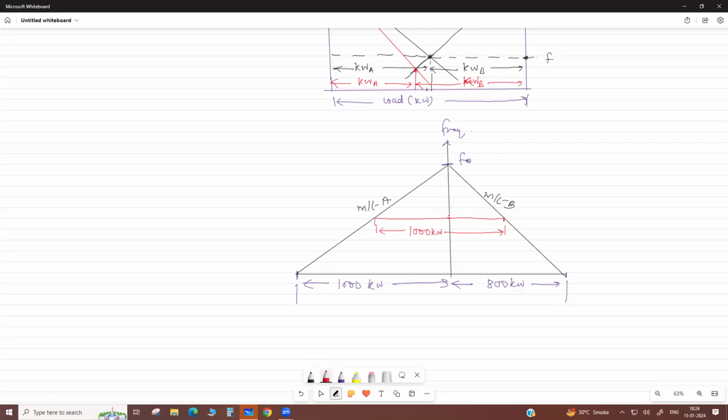And let us say this is the load on A. So let machine A share X kilowatt. Then B will share 1000 minus X kilowatt. Correct? This B will share 1000 minus X kilowatt.